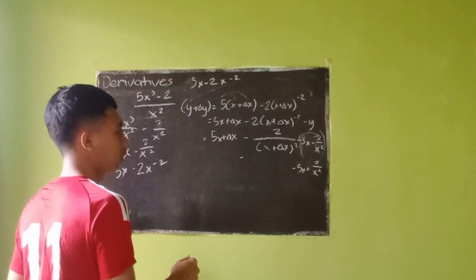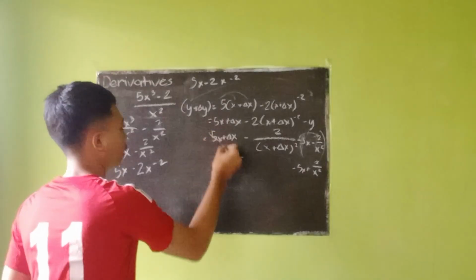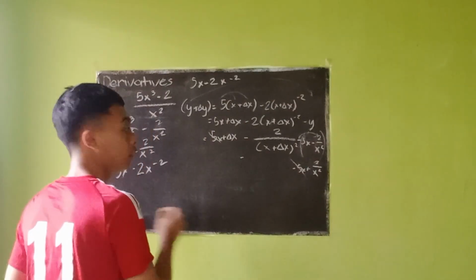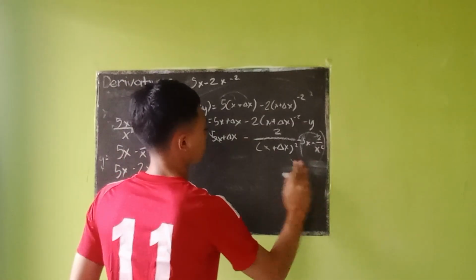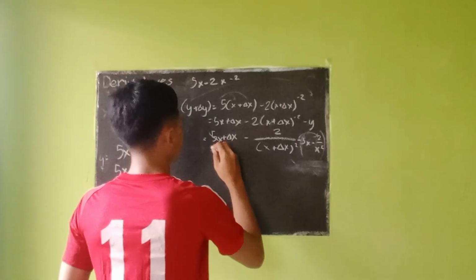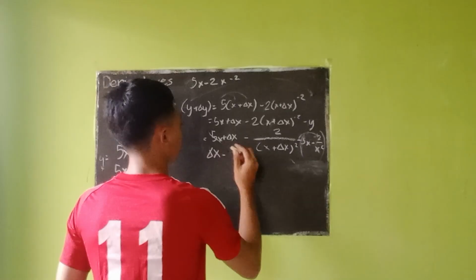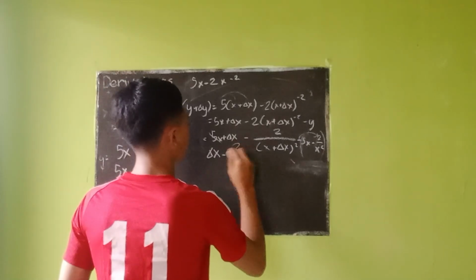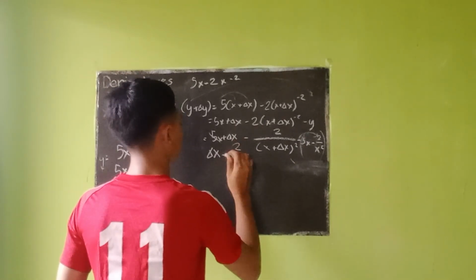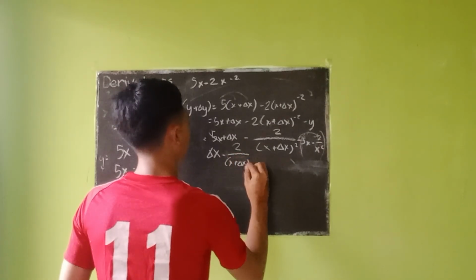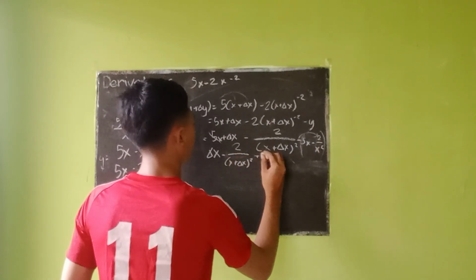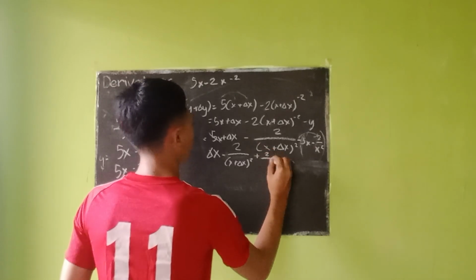This will be easier for you to cancel down, the 5x plus delta x minus 2 over x plus delta x squared plus 2.